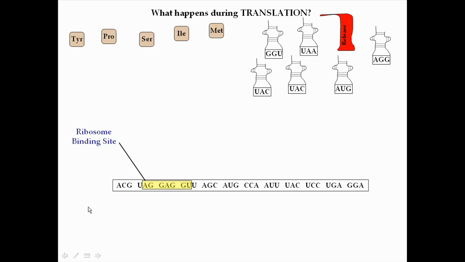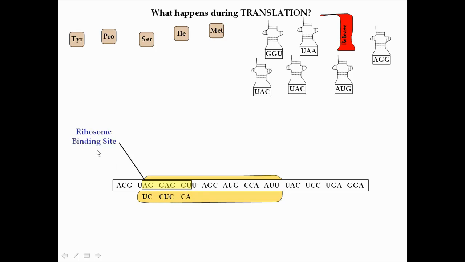The reason why the small subunit can bind there is because, remember we said that the ribosome itself is partially made of RNA. So there's an RNA sequence on the ribosome that's complementary to the ribosome binding site sequence on the messenger RNA. Because they're complementary, hydrogen bonds can form, and that's what allows the small subunit of the ribosome to attach to the messenger RNA.